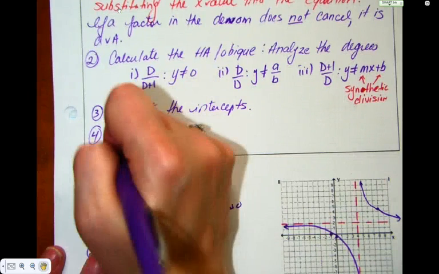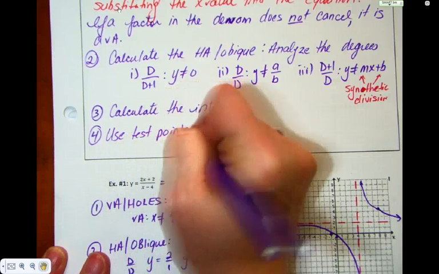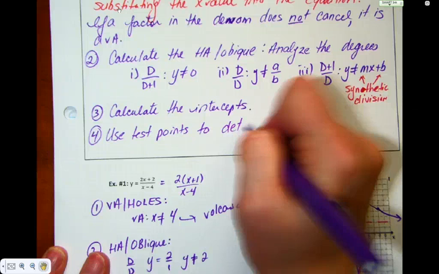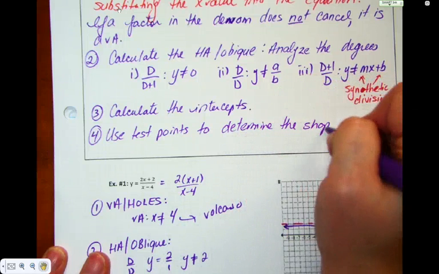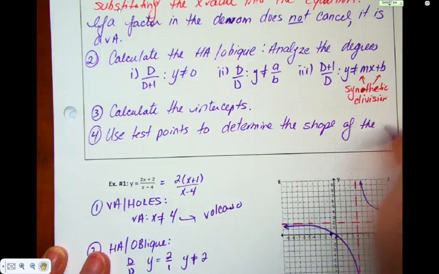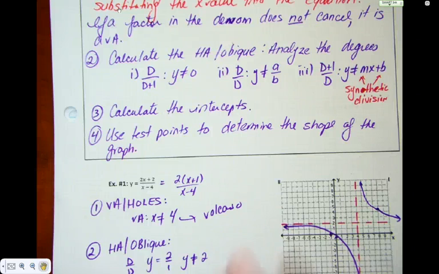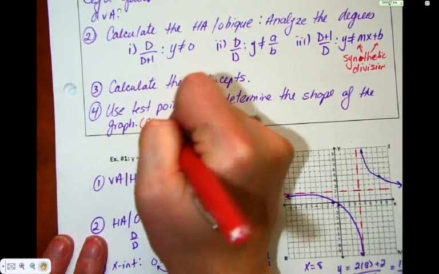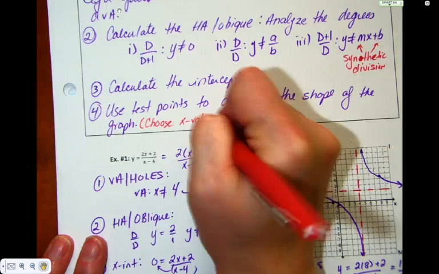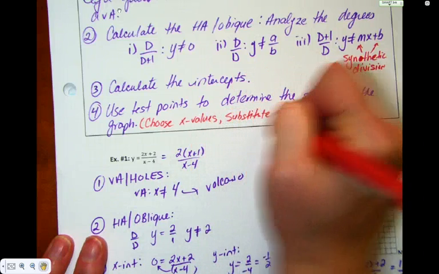And the last step is use test points to determine the shape of the graph. And for that, we choose x values and substitute to find y values.